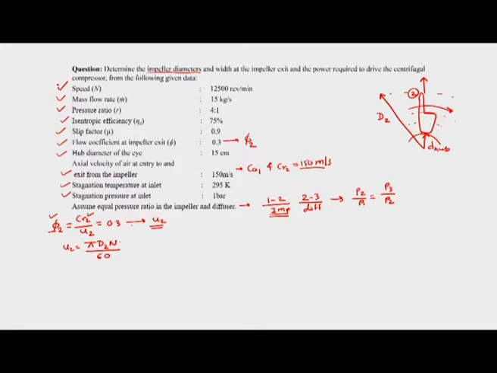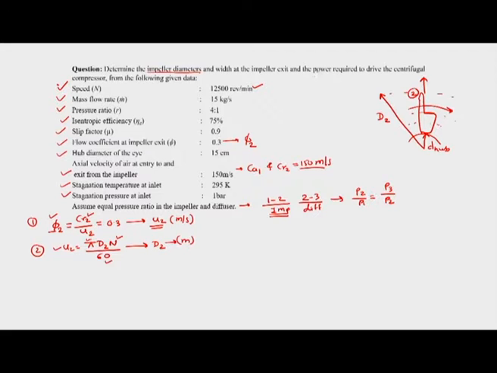N is given to us, 12,500 RPM. Knowing N, 60 and U2, this is step 1. In step 2 we can find D2 in meters, with U2 in meter per second. So we get D2 out of this exercise.